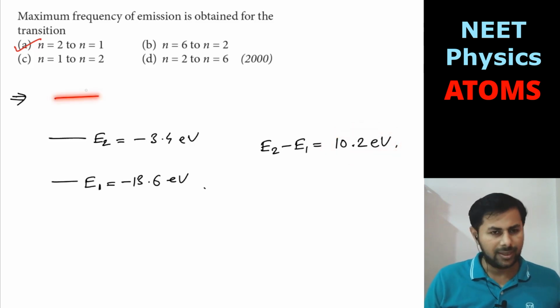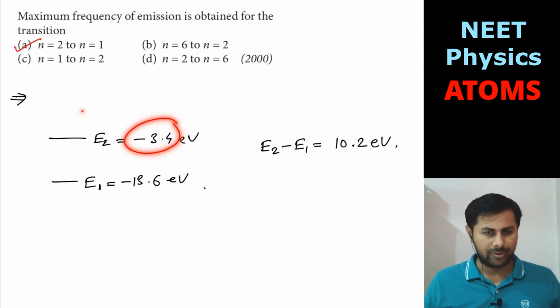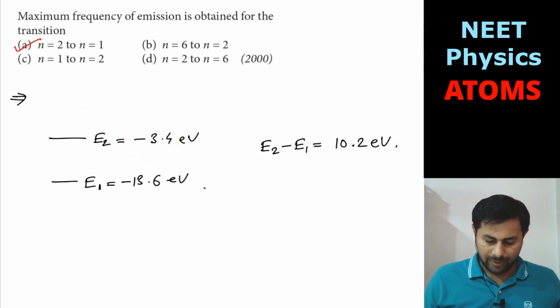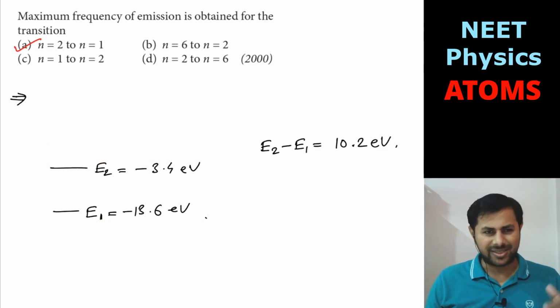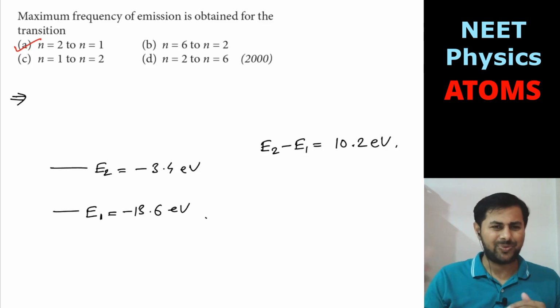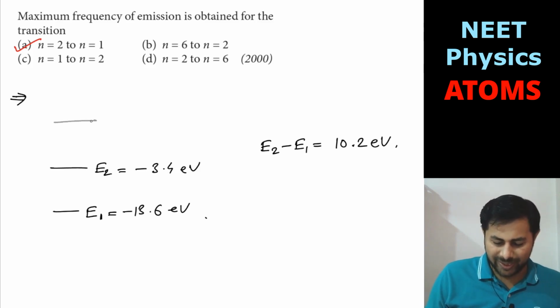Now you take any other level, its energy would be less than minus 3.4 in magnitude. Actually the energy would be greater because it is less in negative values. So what would be the energy of the sixth level?